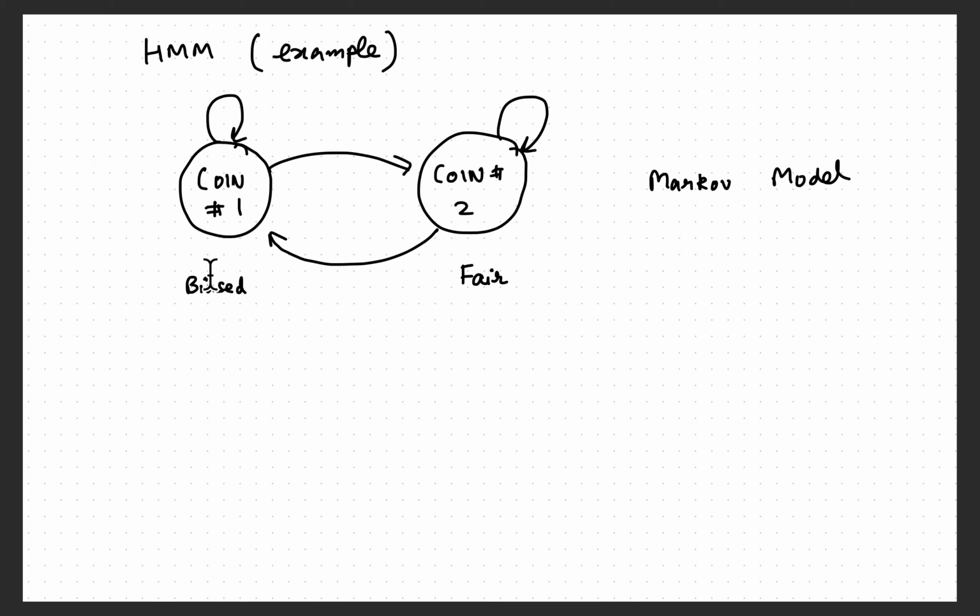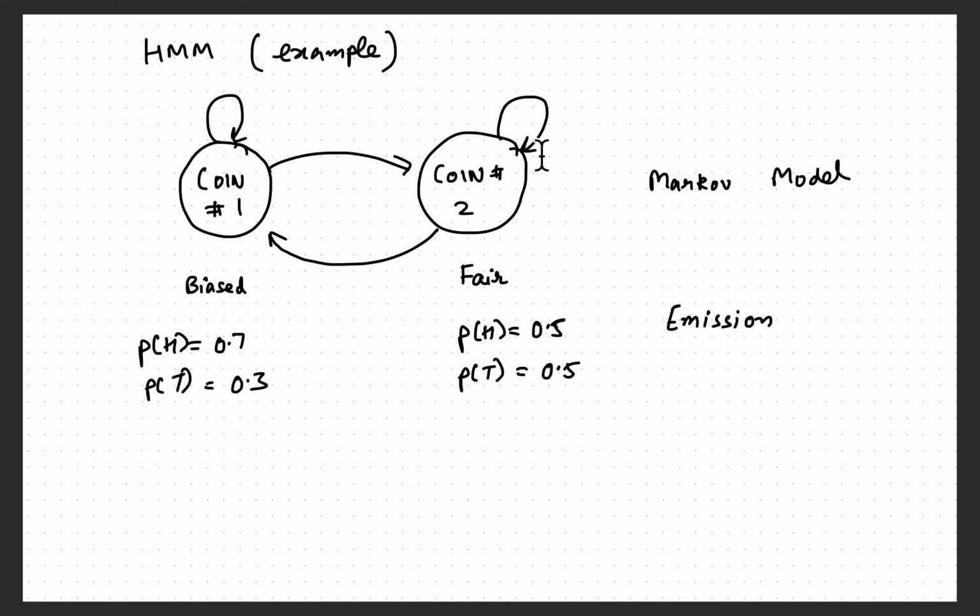Given these two states, there will be an associated probability of remaining in the biased state in the next timestamp, or going from biased to fair, going from fair to biased, or going from fair to fair, which is pretty much what we have seen thus far in the Markov model.